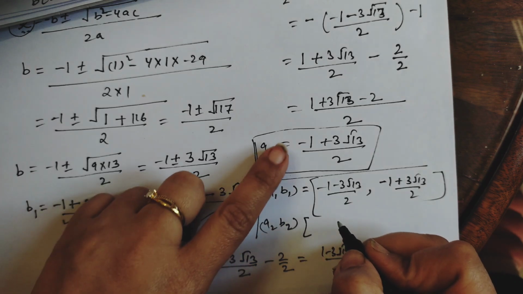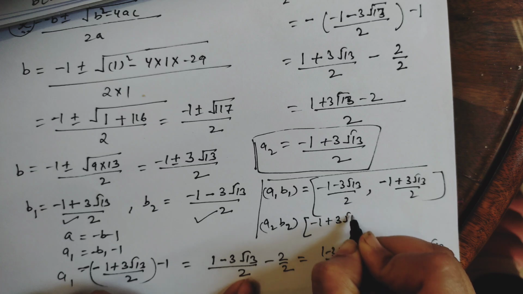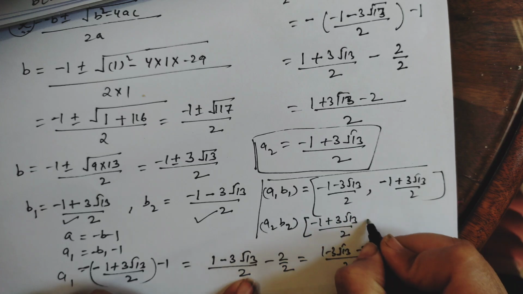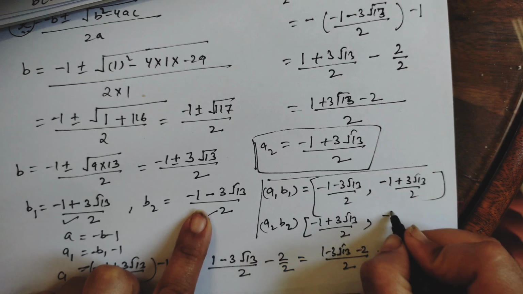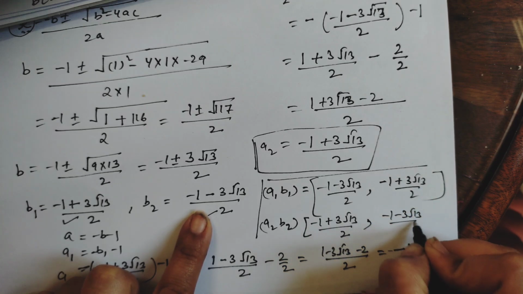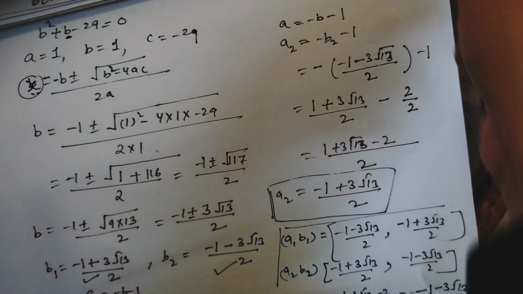What is our a2? a2 is this. Minus 1 plus 3 root 13 by 2. And what is our b2? b2 is, see, this is b2. Minus 1 minus 3 root 13 by 2. So these are the another two values of a and b. So in this equation you can see easily there are 4 values of a and b.